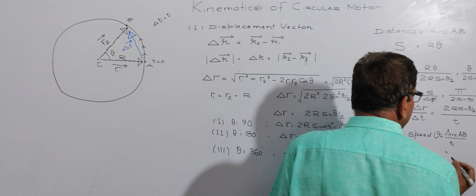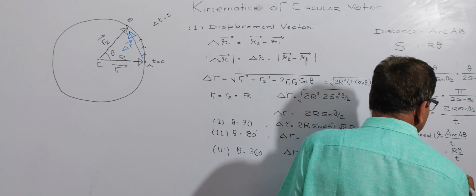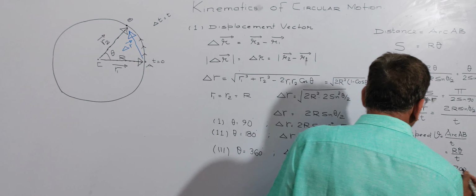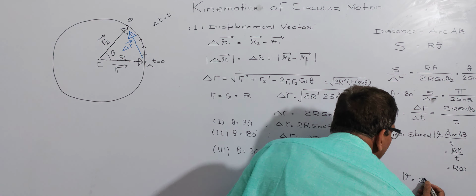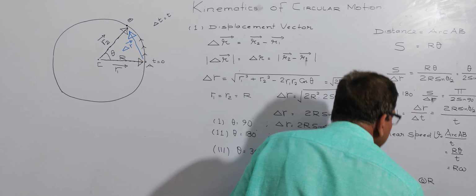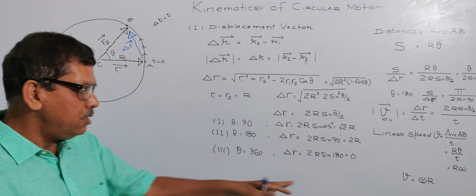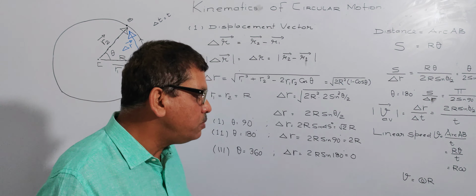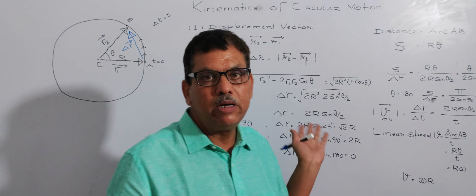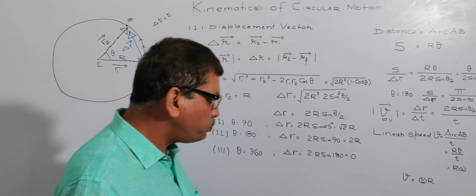Theta is L by r, so I can say r theta by t, and r theta by t is nothing but r omega. So the linear speed is v equals omega times r. Is it clear? The linear speed of the object on the circular path is equal to omega r. Omega is the angular velocity of the object. Angular velocity of the object is nothing but 2 pi by the time interval. So that is another part.